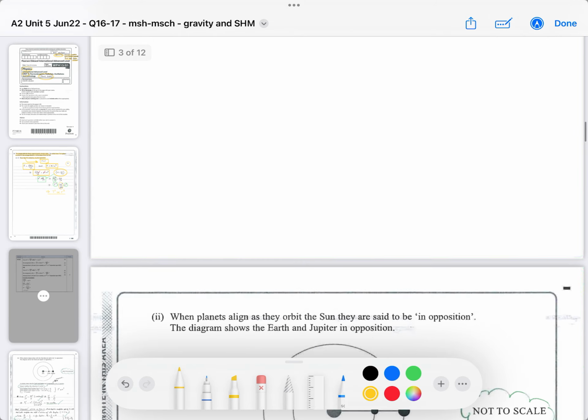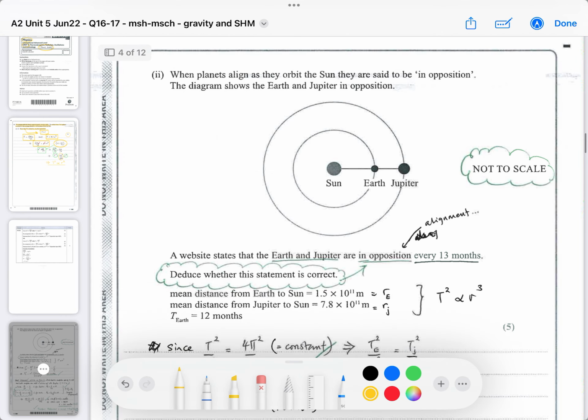Alright, 16 part 2 then reads as follows. When the planets align as they orbit the sun, they are said to be in opposition. The diagram shows the Earth and Jupiter in alignment, or in opposition. So there they are, in alignment.